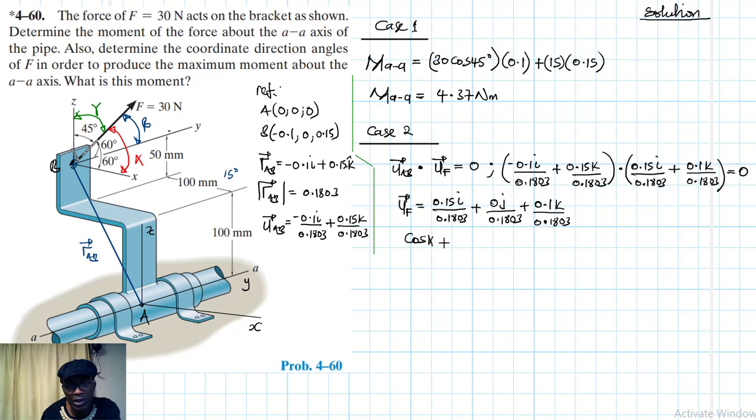So our cos alpha will be equal to 0.15 divided by 0.1803. Our cos beta will be equal to 0 divided by 0.1803.